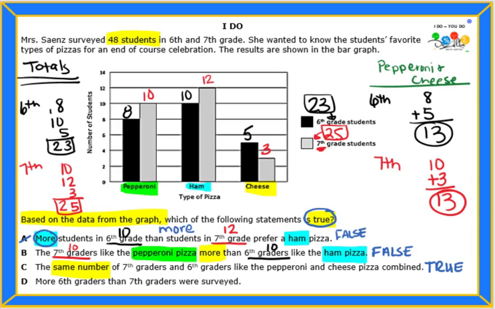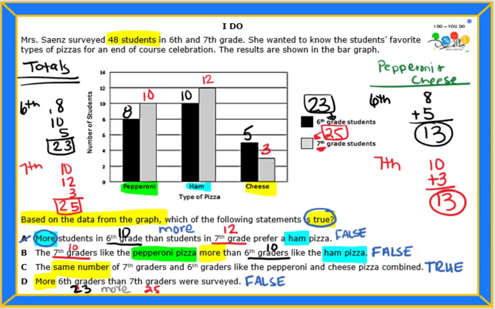So when it says more 6th graders than 7th graders were surveyed, that's not true because we only had 23 6th graders, but we had 25 7th graders. And remember, with that "more," we put it right in between. Is 23 more than 25? No, that is false.